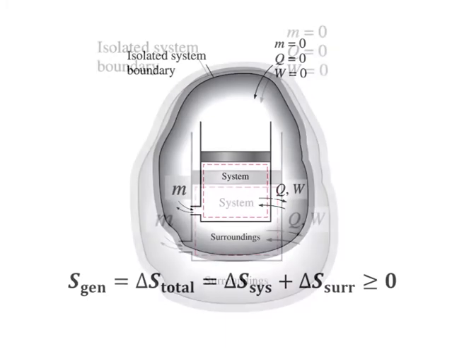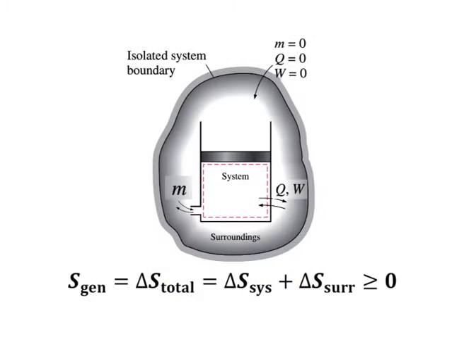That is, S generation is equal to delta S total, which is equal to delta S system plus delta S surroundings, which is greater than or equal to 0, where the equality holds for reversible processes and the inequality for irreversible ones.